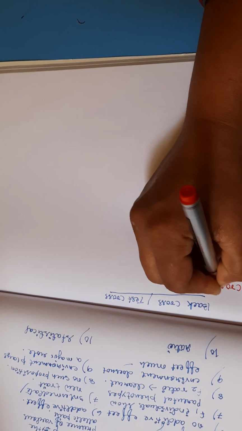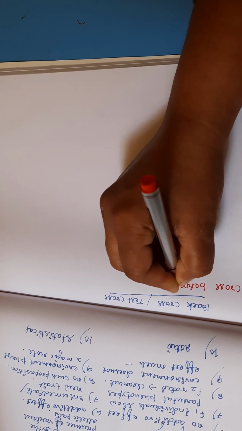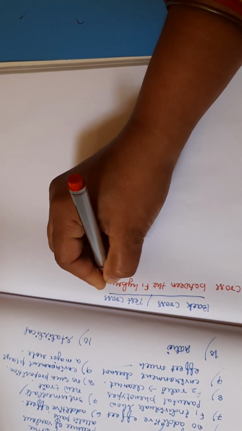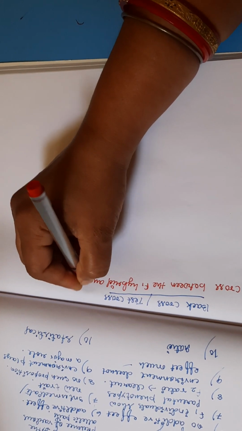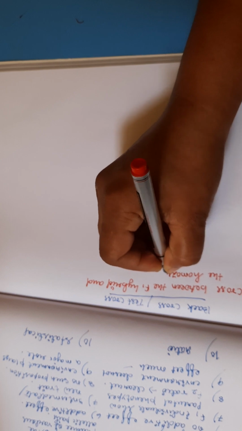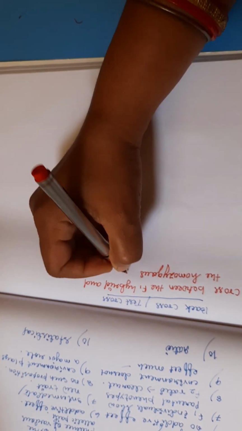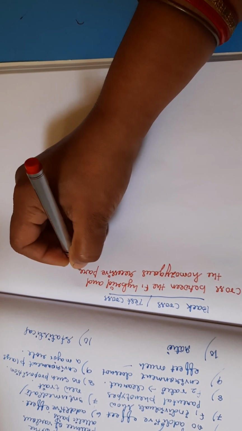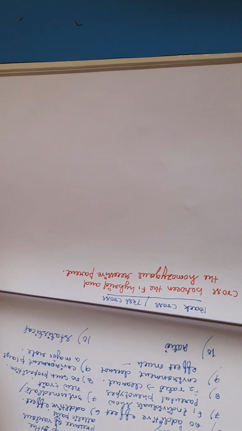So test cross, essentially the definition tells you that it is the cross between the F1 hybrid and the homozygous recessive parent. Generally it is a cross that ethically we cannot practice in case of humans.